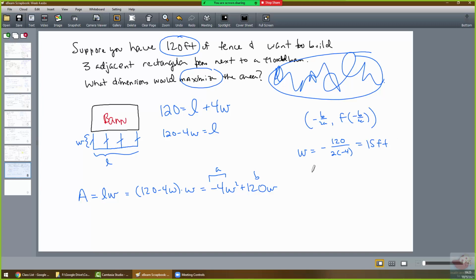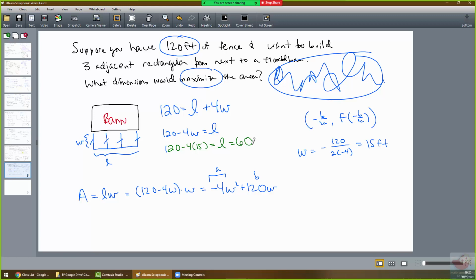We could find the corresponding length by putting in the width here. And you would get 60. So you should build it 60 feet long by 15 feet wide, so 15 feet sections.